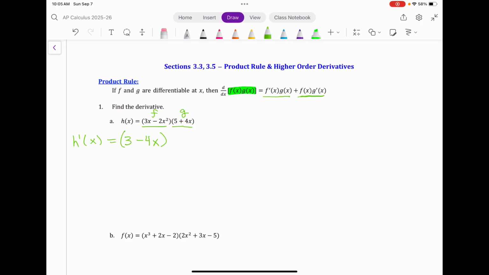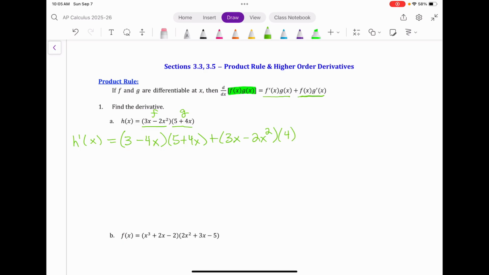Make sure that's in parentheses. And then times this g of x, so we don't mess with that, plus f of x times the derivative of g. So 5 plus 4x: the derivative of 5 is 0, and the derivative of 4x is 4. So we can just put 4.